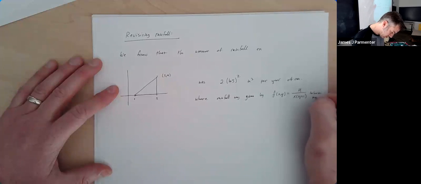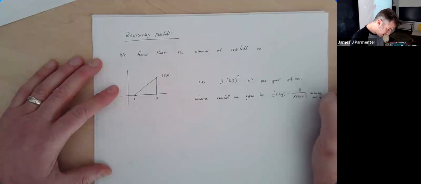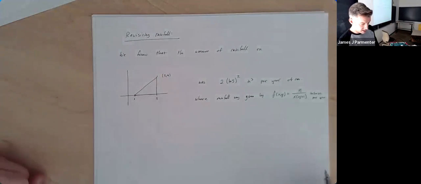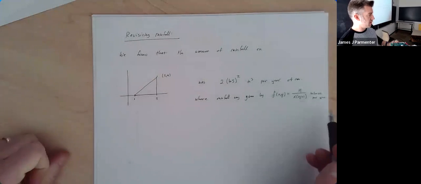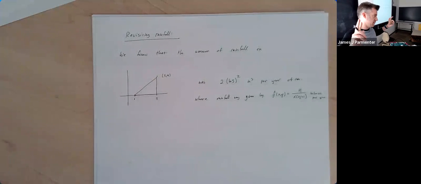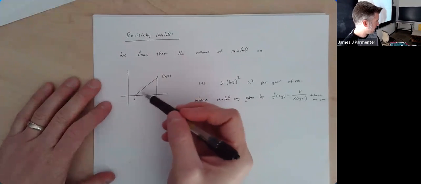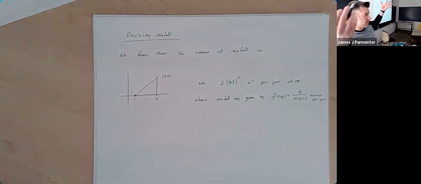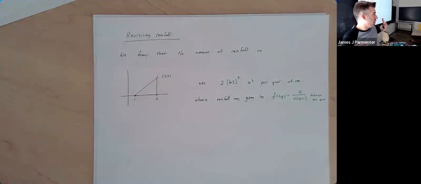It makes sense that we're getting cubic inches, because we're multiplying that inches of rain by the amount of area. An area, measured in inches squared, times the rainfall, measured in inches, gives us a volume of rainfall in inches cubed.